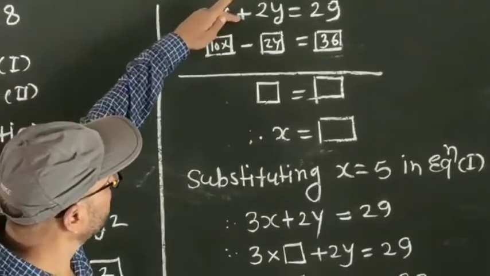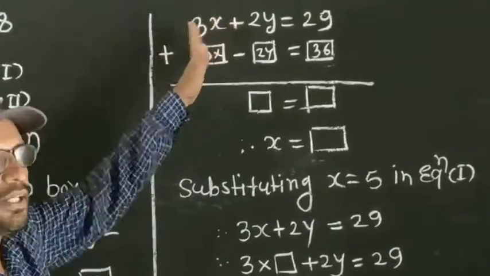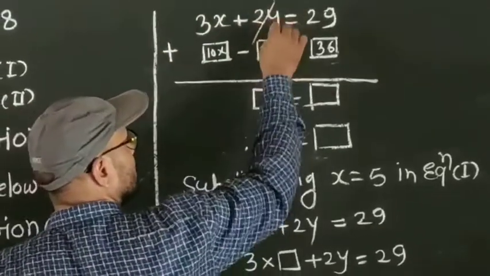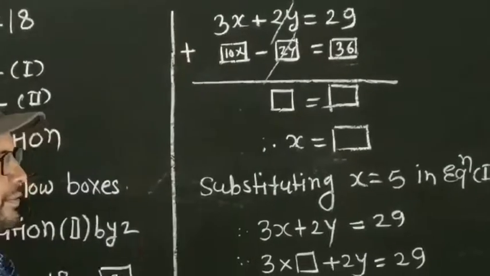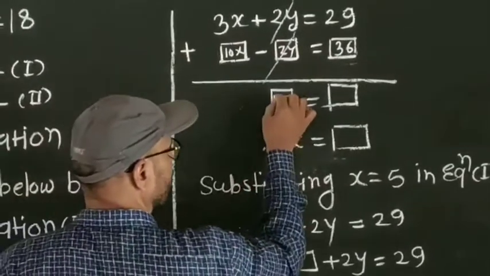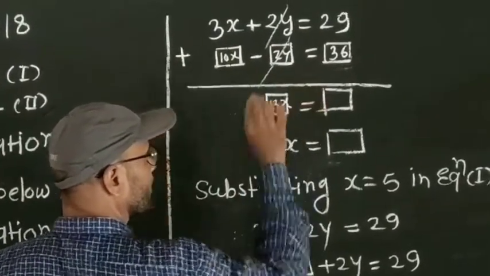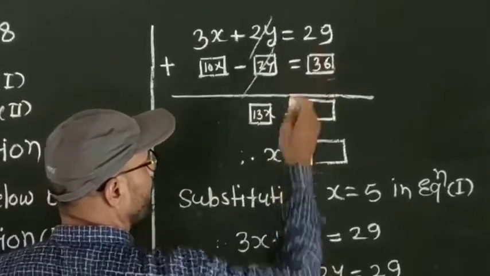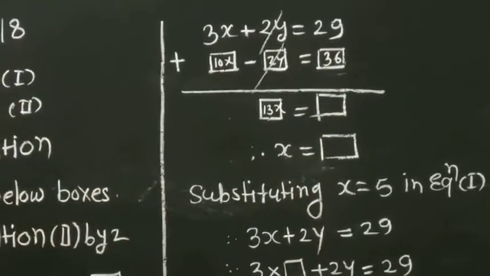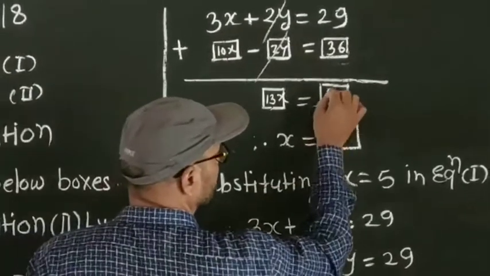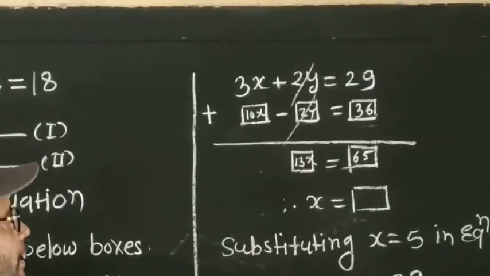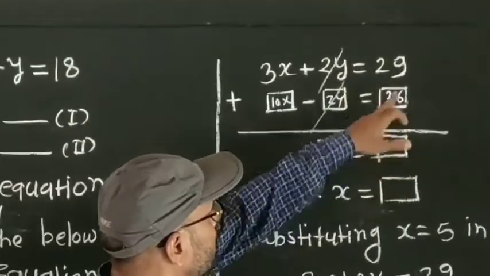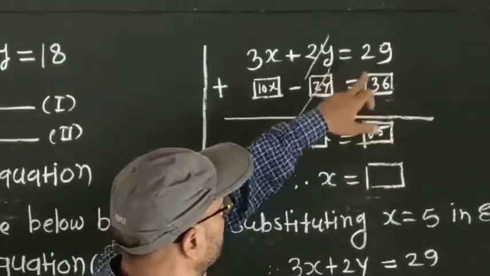Adding, plus and minus opposite signs cancel. 3x plus 10x is 13x, and 29 plus 36 we get 65.